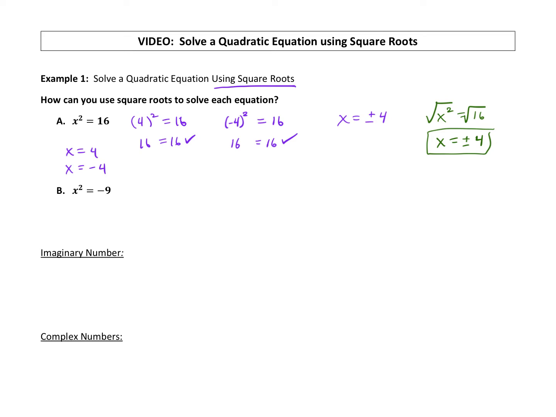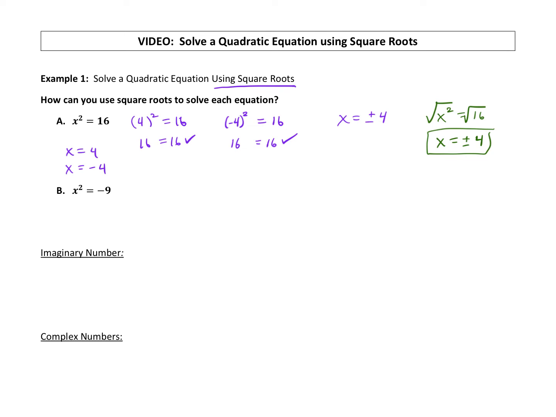So there's no real number that we can square that will result in a negative 9. So we have some creative mathematicians that found a way to work around this. We're pretty thankful that they said we can continue to simplify this just using our properties of radicals.